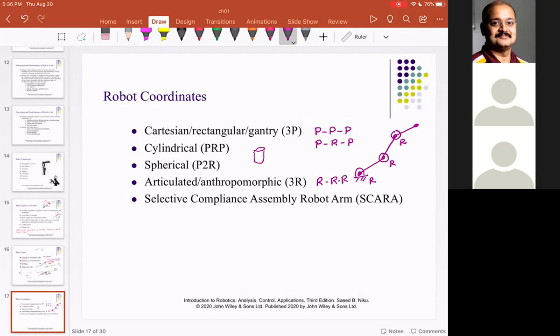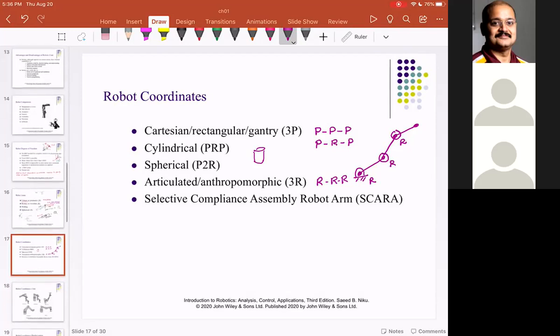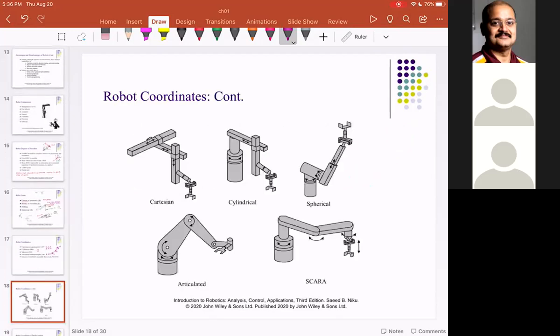Then there is something called the SCARA robot, wherein again the same robotic joints, prismatic and revolute, are assembled in a different order. That gives you a different configuration. So this is how those robots look. The first robot is a Cartesian robot.